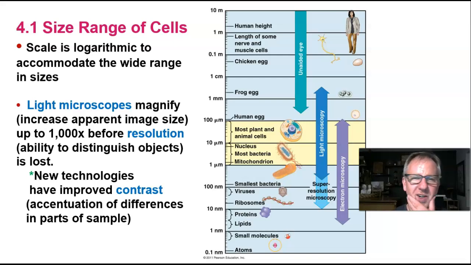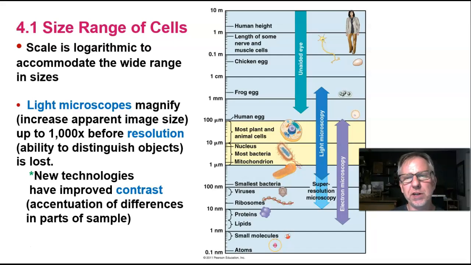Now these metric units, we need to go over what these are and how they relate to each other. I think you may have some experience with metric measurement, but on the very top of the figure on the left, units of length are measured in meters, m for meter. cm is centimeter, mm is millimeter.